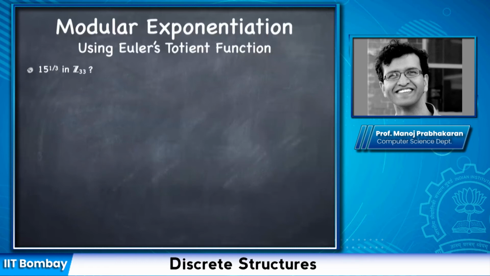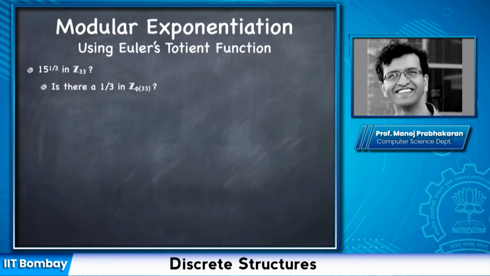So note that 15 is not in Z star 33. 15 has a non-trivial common divisor, namely 3, with 33. So 15 is not in Z33 star. So we cannot use our previous observations directly.